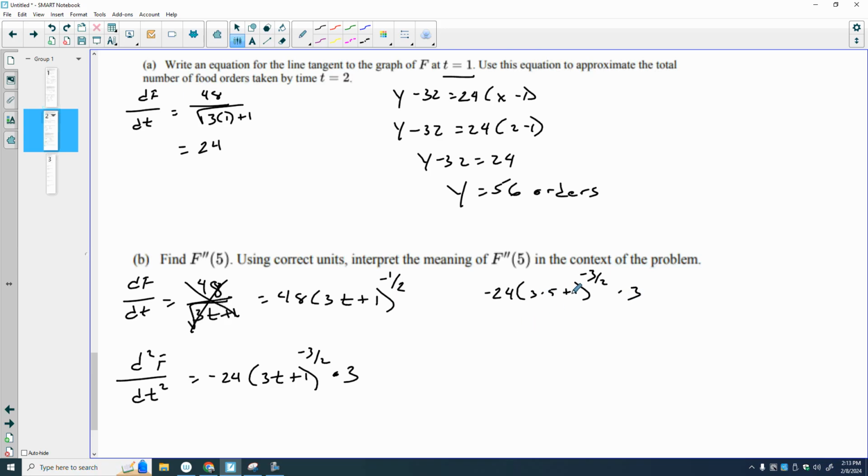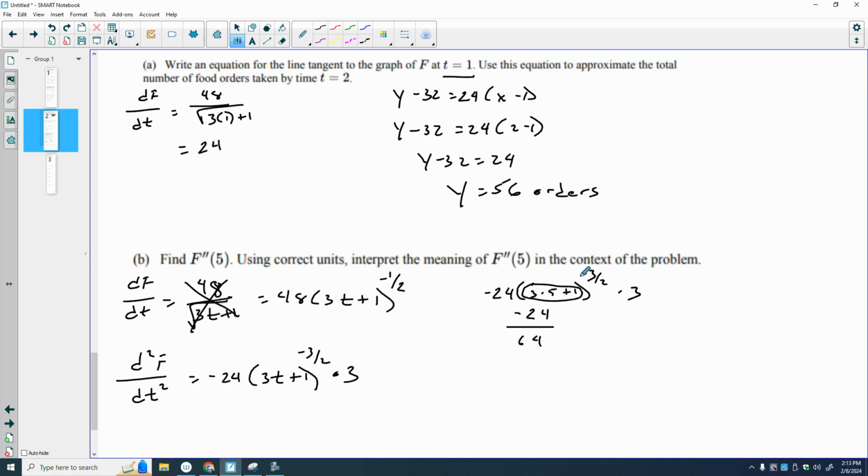I get 15 plus 1 is 16, square root of 16 is 4, cubed is 64, 1 over 64 because of the negative. One more time. This is 16, square rooted, because it's on the bottom, which is 4, to the third power, which is 4 times 4 times 4, 64. Negative exponent does not mean a negative number.